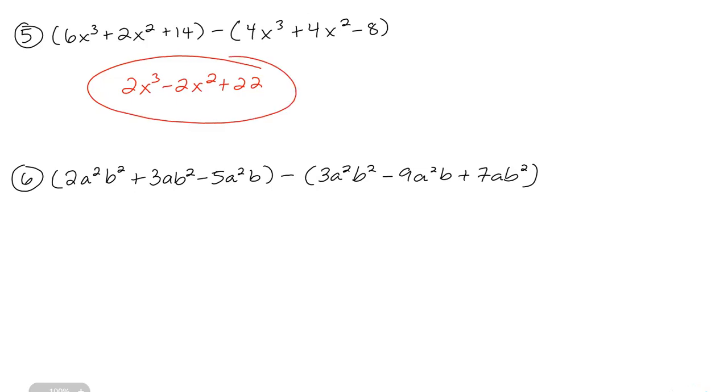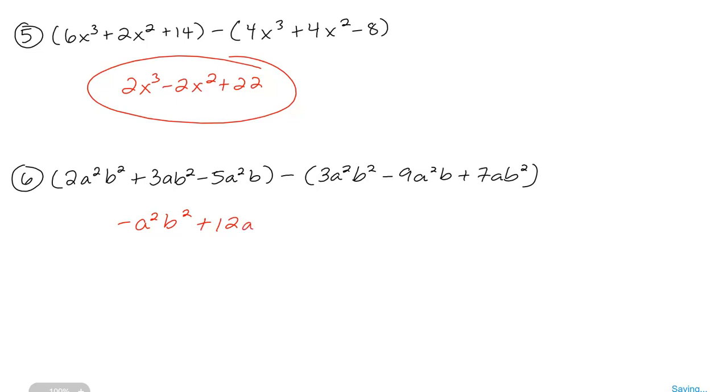And then on number 6, we should have gotten, no, sorry, I just realized that was wrong. So negative a squared b squared plus 12.